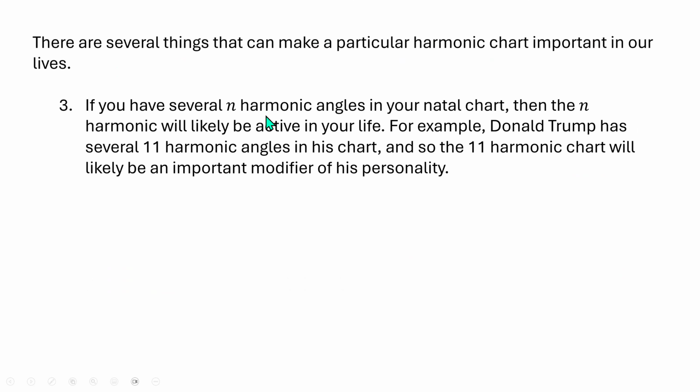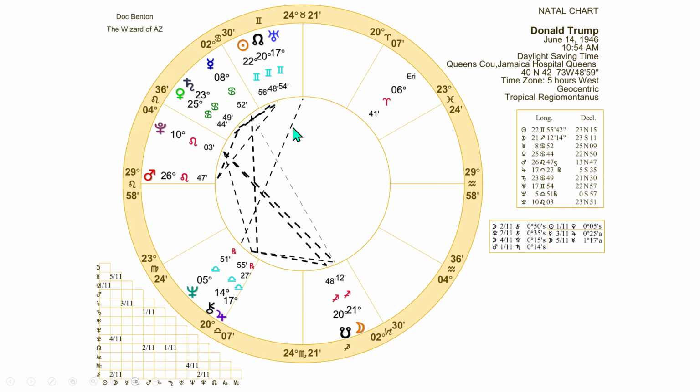Also, if you have several n-harmonic angles in your natal chart, then the n harmonic will likely be active in your life. As an example, Donald Trump has several 11 harmonic angles in his chart. So the 11 harmonic chart will likely be an important modifier of his personality. And here you can take a look at all the 11 harmonic angles in his natal chart.